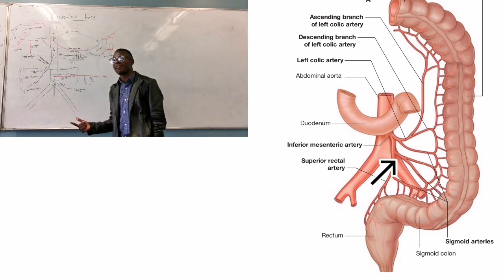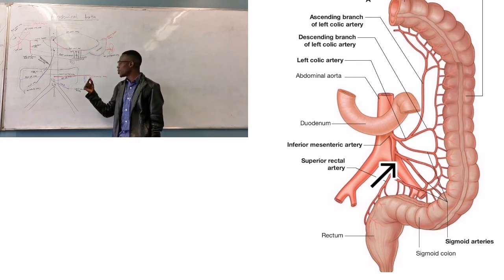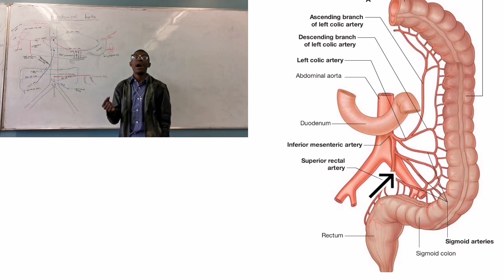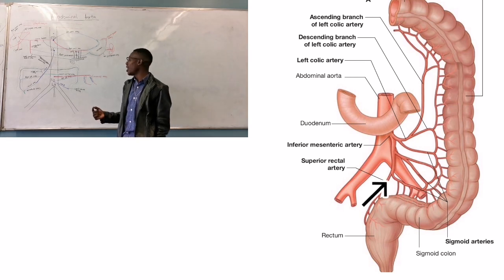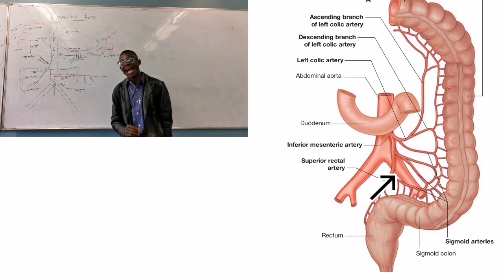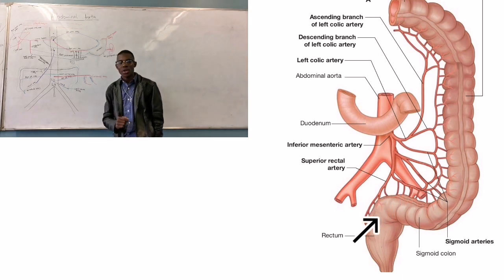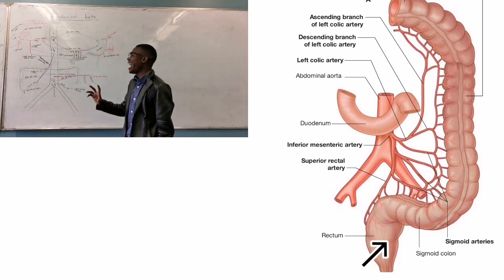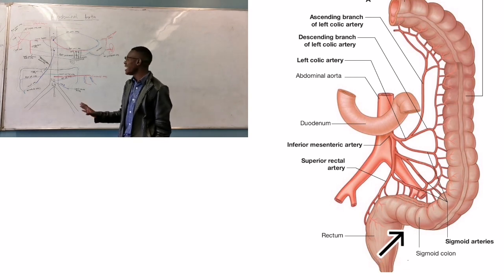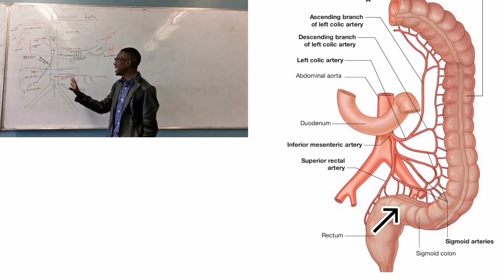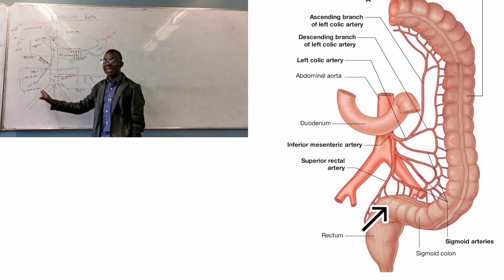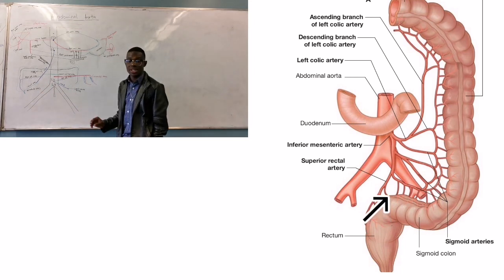So it will now be referred to as the superior rectal artery. The superior rectal artery is the one that is going to supply the upper 2/3 of the anal canal. So you need to take note of this. There are branches that anastomose between the inferior mesenteric artery and the superior mesenteric artery.